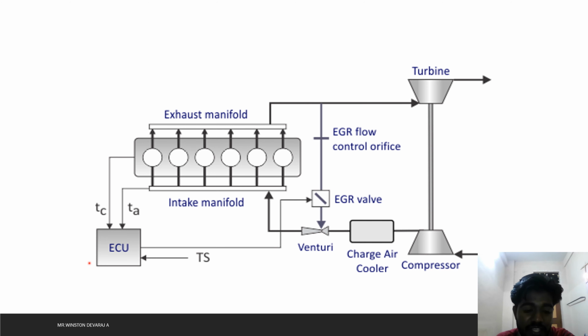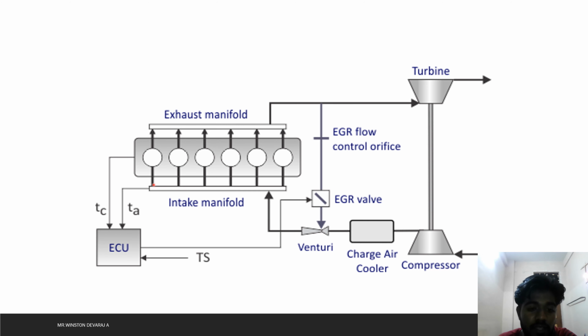So we have the ECU, the engine control unit. It receives some data from the EGR valve position, and according to the parameters the ECU is getting, it can change the valve position.